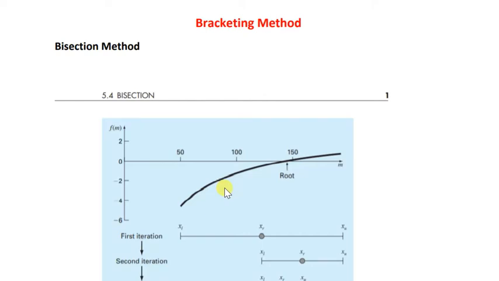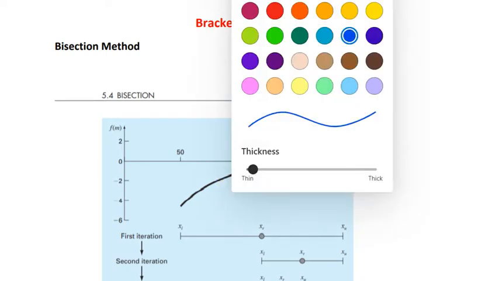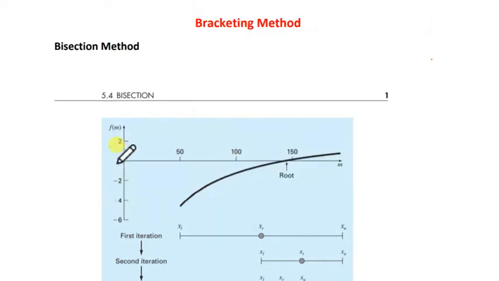In any bracketing method, we start with the interval x lower and x upper such that there is a change in sign of the function. See this example here: if the curve is like this, here you can see the root. You choose x lower and x upper.